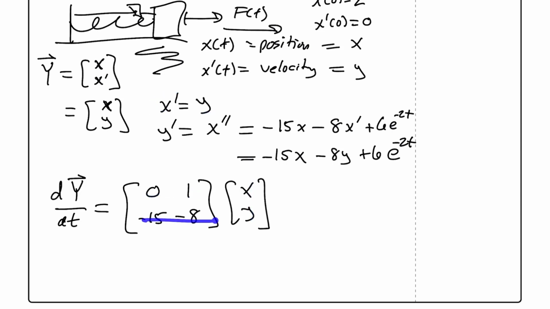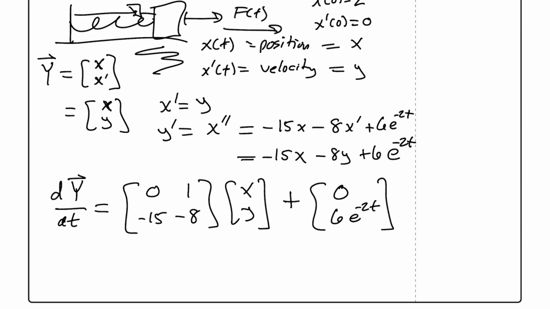And then negative 15, negative 8 times x, y gives you that negative 15x, negative 8y right there. And then we have an external force, which is 0 on the x, because x prime equals y, and then 6e to the negative 2t.